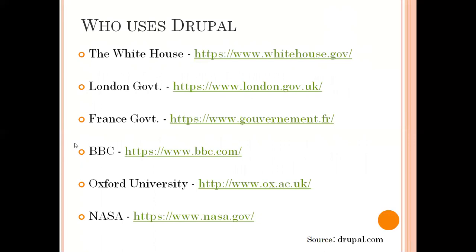So who uses Drupal? The first one, you can see, is the American White House. They are using Drupal to build their site, and even the London government is using Drupal as the CMS to build up their sites, and even the French government. On the media side, you can see the BBC is also using Drupal, and Oxford University.